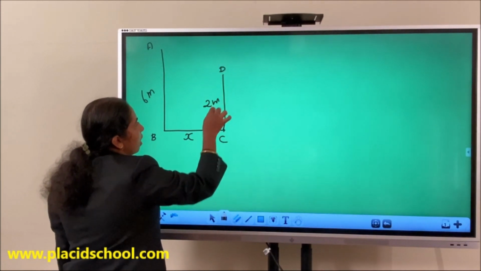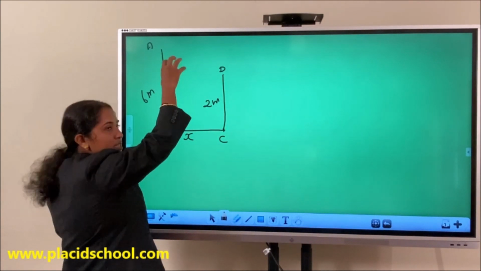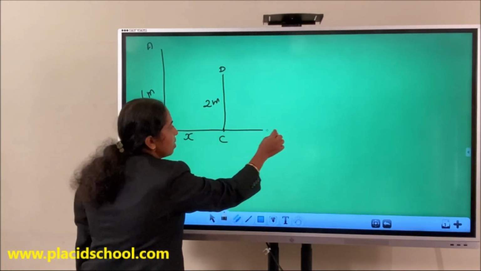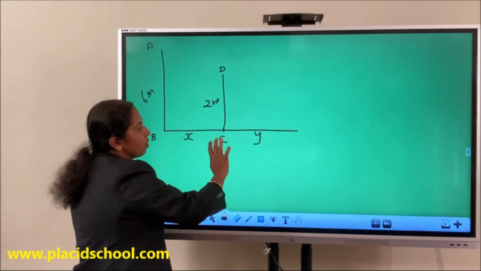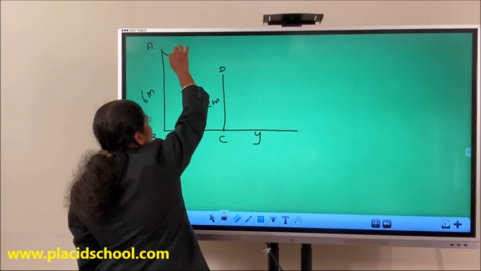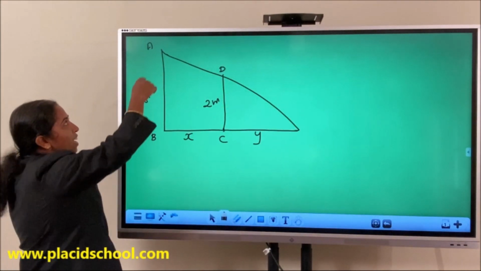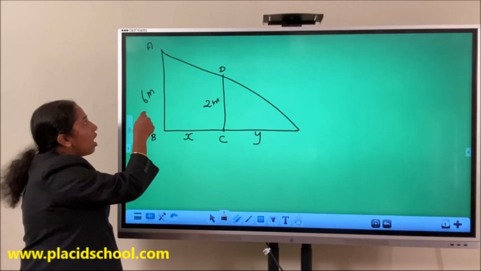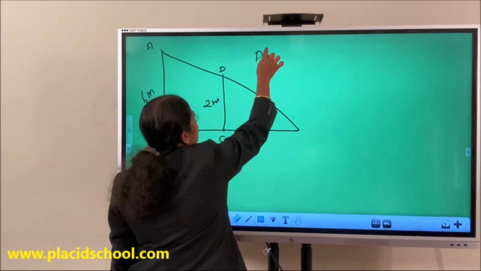He is 2 meter high. Now the lamp is falling on him and he is casting a shadow. Let the length of the shadow be y kilometer. I am completing this as a triangle. So please note down, let AB be the height of the lamp post. So it is given that AB equal to 6 meter.